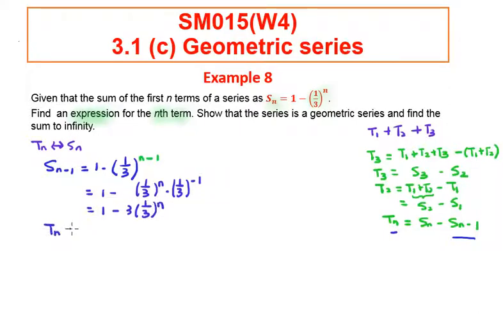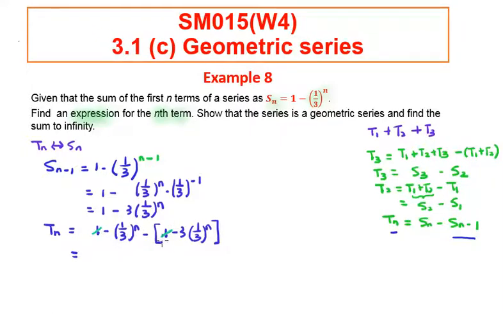Therefore, Tn is equal to Sn, which is 1 minus 1/3 to the n, minus 1 minus 3 times 1/3 to the n. By simplifying the right hand side, 1 minus 1 cancels.